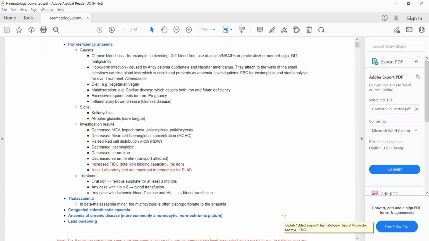Another example of malabsorption disease is chronic pancreatitis. So chronic pancreatitis can also lead to iron deficiency anemia. Now iron is absorbed mostly in the ileum. So any disease that affects the ileum can lead to deficiency of iron, such as occurs in inflammatory bowel disease or Crohn's disease.